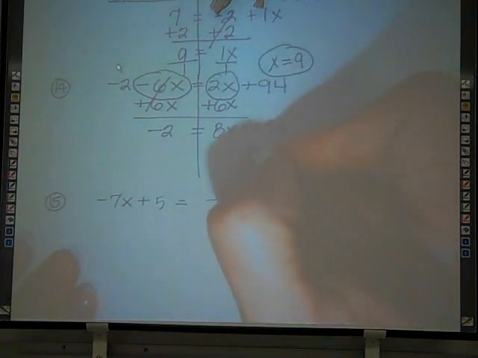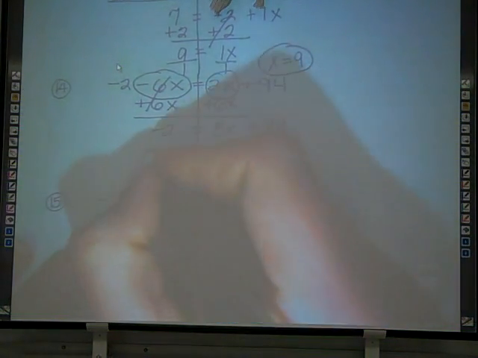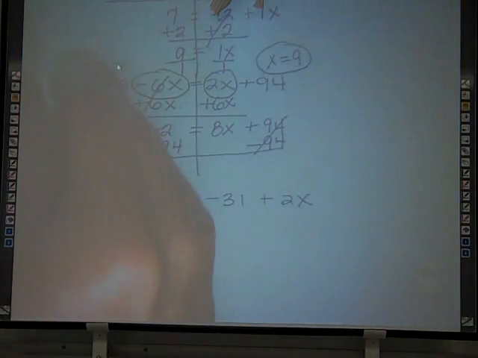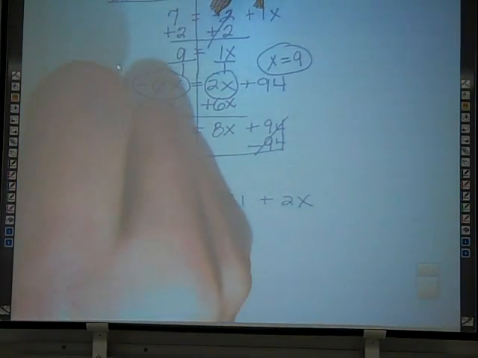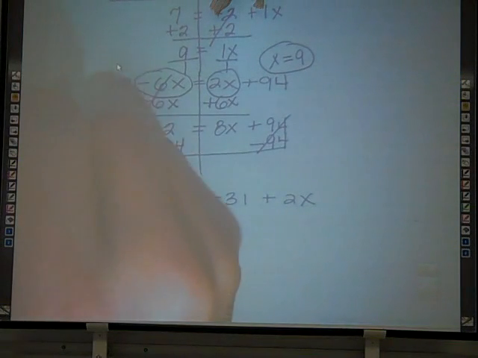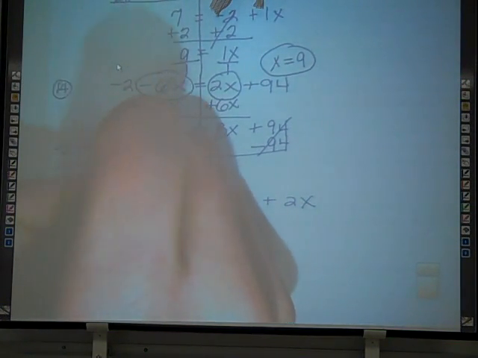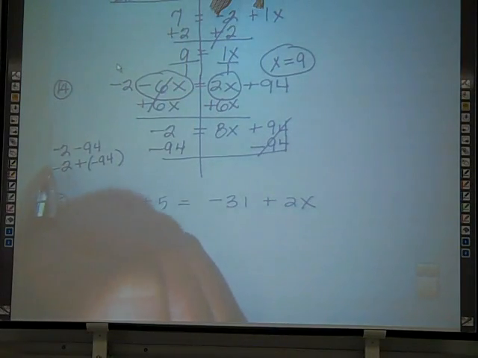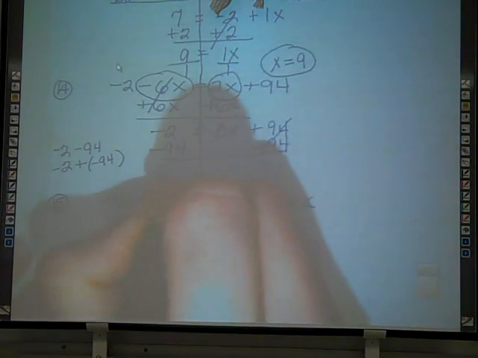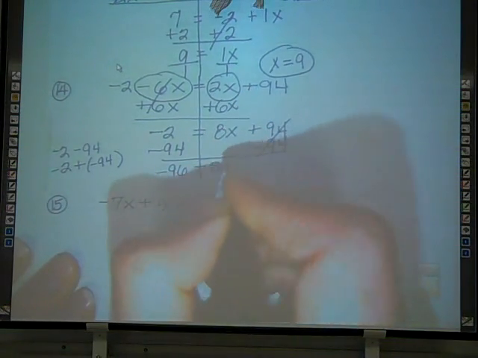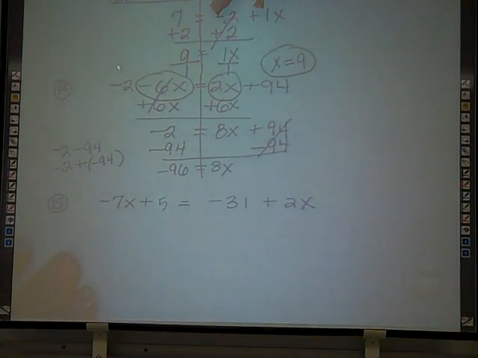Let's get rid of this 94 by subtracting. First time we have to do leave, change, change. We have negative 2 minus 94. Well, if I do leave, change, change, negative 2 plus negative 94 will give us negative 96, which is still equal to 8x.